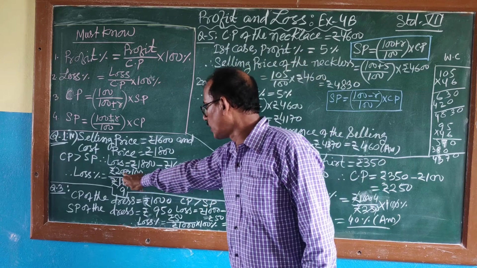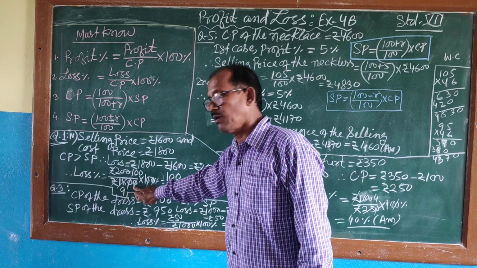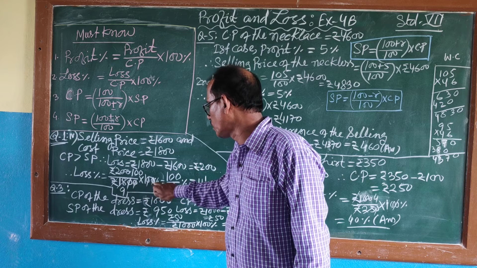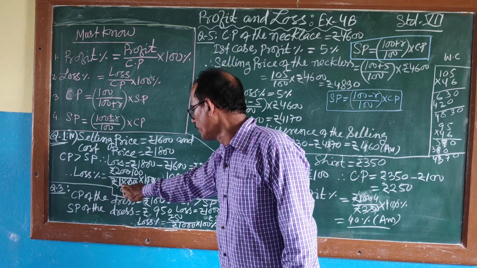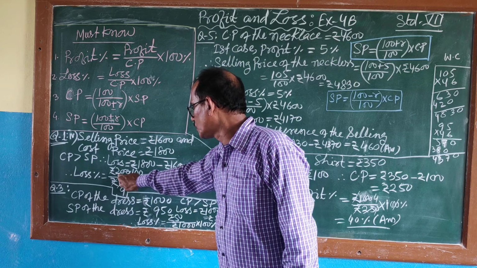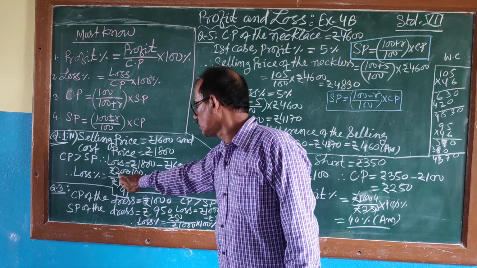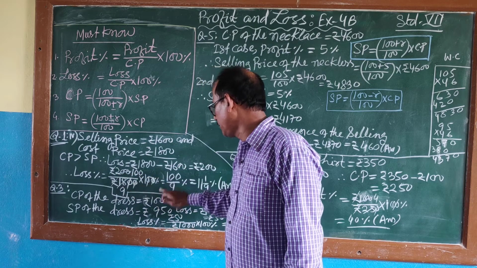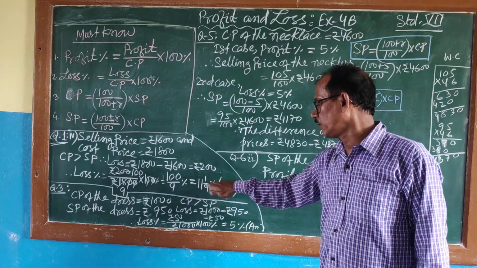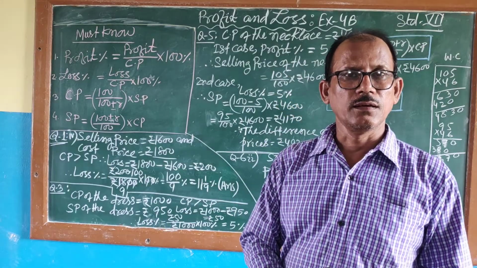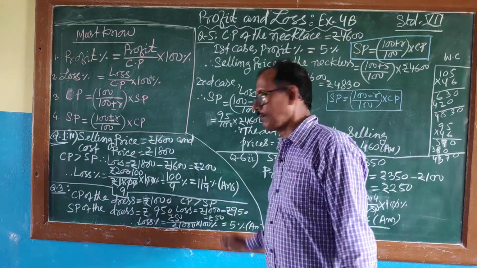That is 200 divided by 1,800 into 100%. The zeros will be cancelled. 2 nines are 18 and 2 hundreds are 200. So 100 by 9%. If you convert it into a mixed number, then it is 11 whole 1 by 9%.